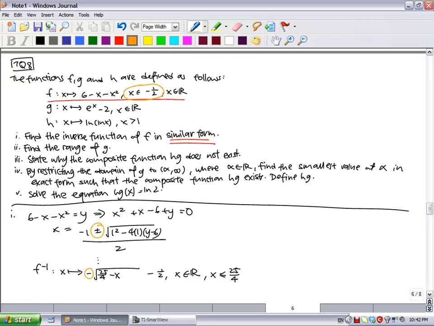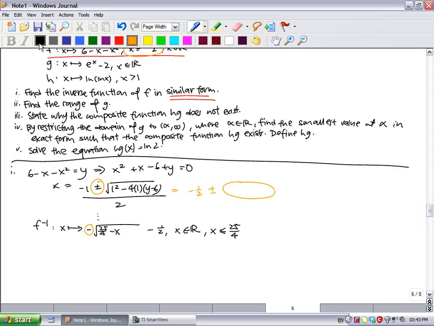If you look at this original working here, I actually then have negative half plus minus something. Obviously, since I'm doing an inverse function, I want to get back to something that's less than negative half, so you choose the minus option rather than the plus option. Seems quite dull, right?